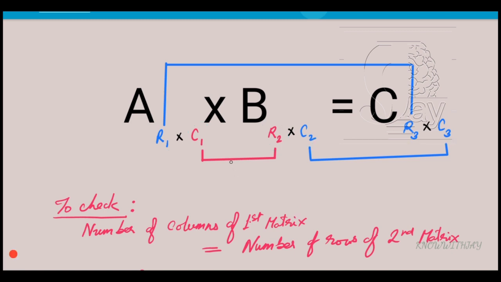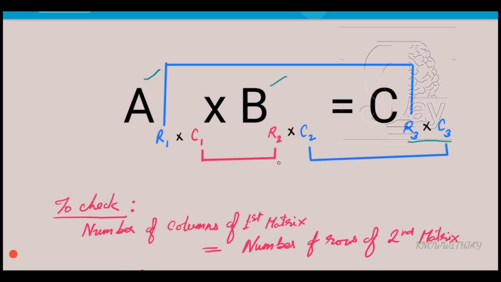Now if you keep this figure in your mind, it will help you find the order of a particular matrix. Suppose in some question they give you matrix A and matrix B, so it's easy to find matrix C. Once we multiply matrix A with B, we get matrix C, and we get the order from the multiplication.